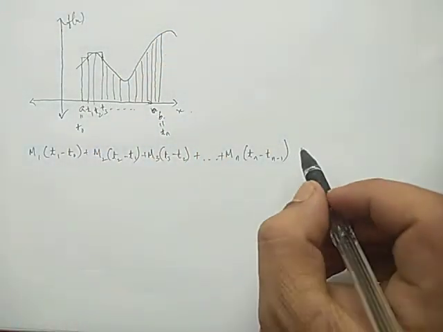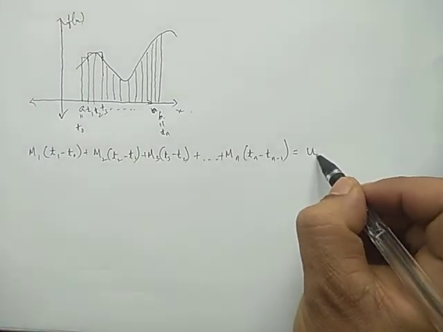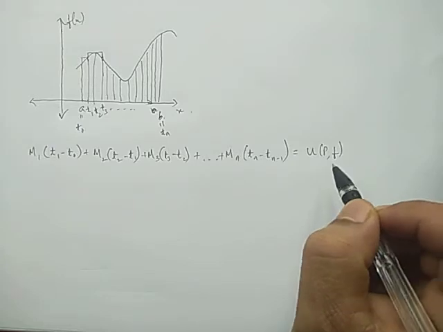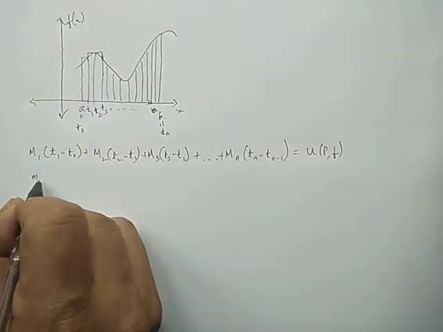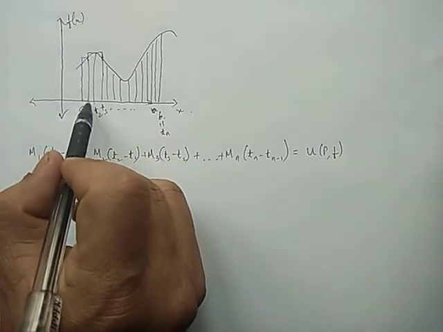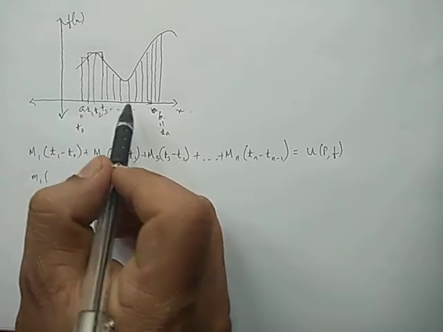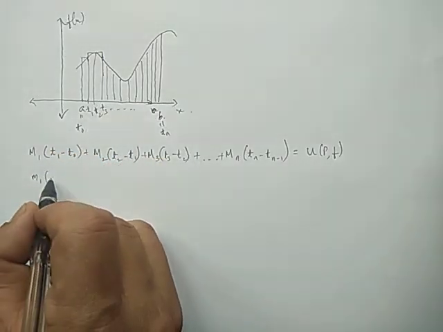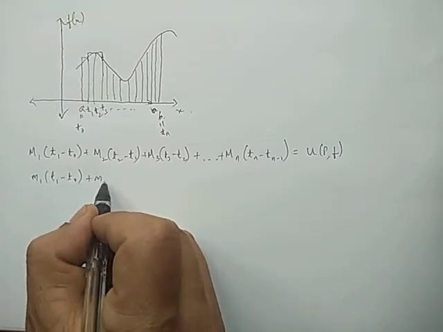So I will call this sum UPF. And likewise, I also add up the minimum. I call the minimum here as M1, the minimum here as M2, the minimum here as M3, and so on. Then I multiply with the intervals.